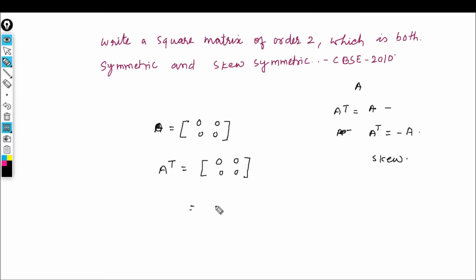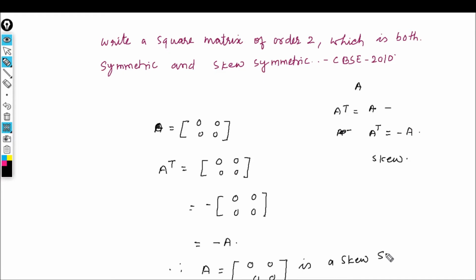This can be written as minus into 0 0 0 0. And this is equal to minus A. So therefore A is equal to 0 0 0 0, a symmetric and skew symmetric matrix.